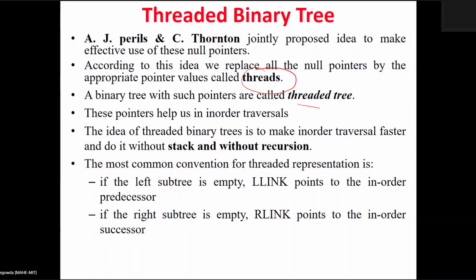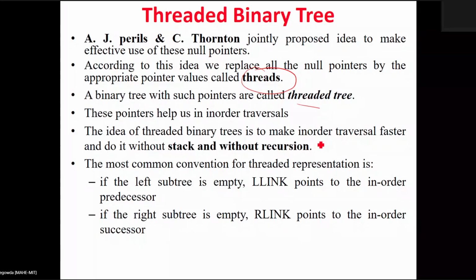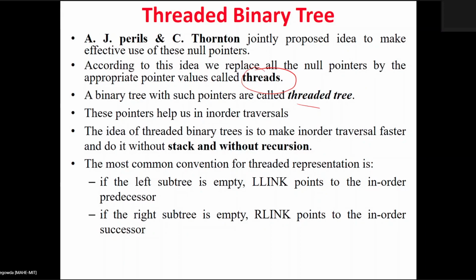Each node in a threaded binary tree either contains a link to its child node or a thread to other nodes in the tree. The most common convention for threaded representation is as follows. I'll give you an example in the coming slide. If the left subtree is empty, the left link points to the in-order predecessor.